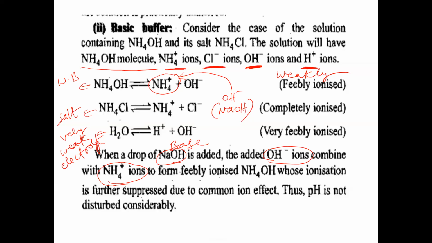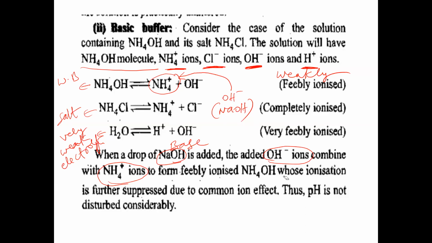Then these two ions are common ions, so due to the common ion effect also, the backward reaction takes place. The ionization of NH4OH will be suppressed, decreased, due to the common ion effect, where the common ion is NH4 plus, and also due to the addition of OH minus in the form of strong base.